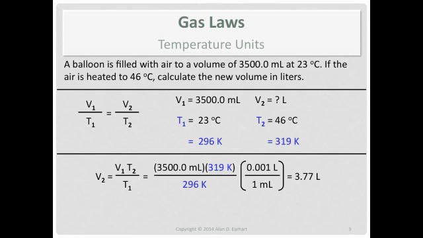With this relationship, since they're both directly proportional to each other, if temperature goes up, then volume needs to go up. If temperature goes down, then the volume should go down. So if you look at our temperature T1 to T2, it's going up, which means the volume needs to go up. And it did. It went from 3.5 liters to 3.77 liters.